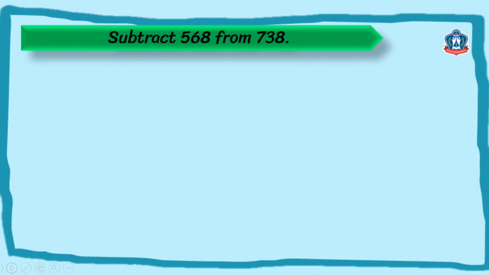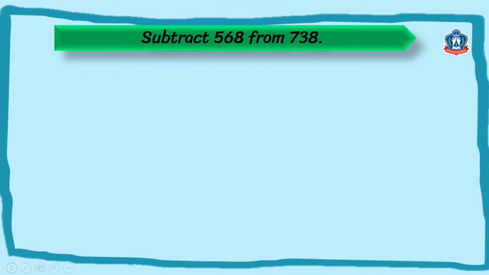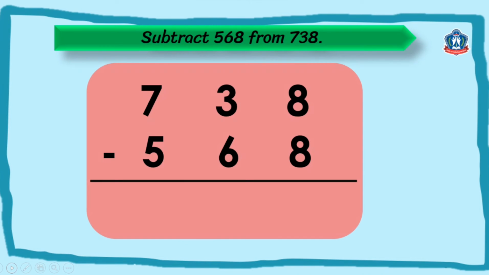Now we will try to practice subtracting without using the number disk. For example, subtract 568 from 738. So we have 738 minus 568. First, we will subtract the ones place. 8 minus 8, yes, it's 0. Next, 3 tens minus 6 tens. We cannot take 6 from 3, so we will take 100 from 700, and the 700 becomes 600.